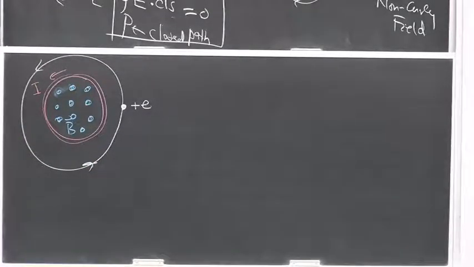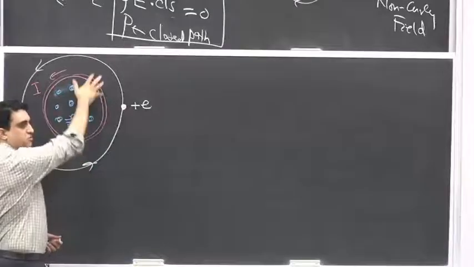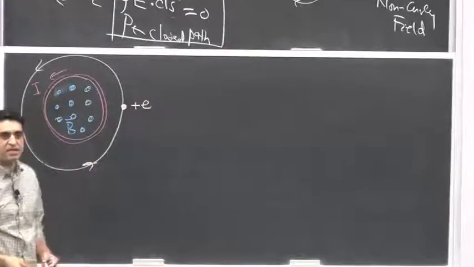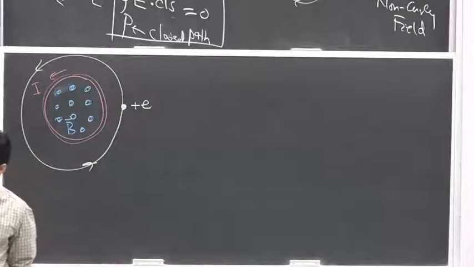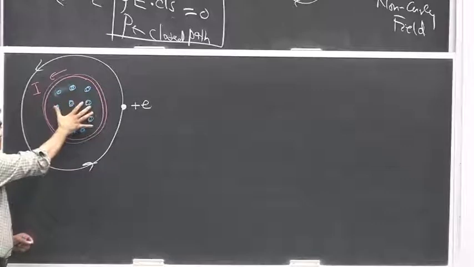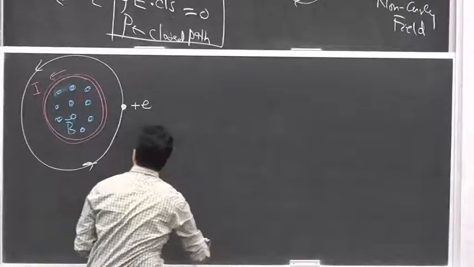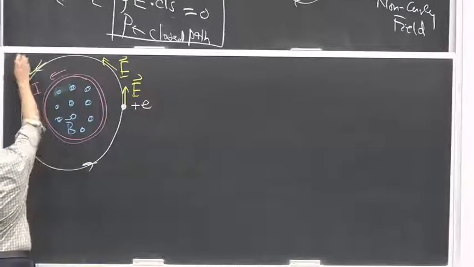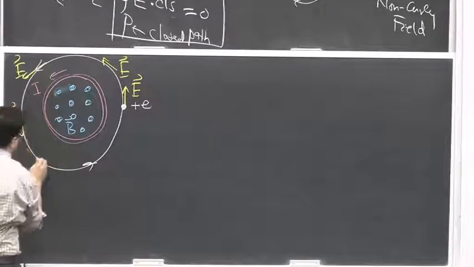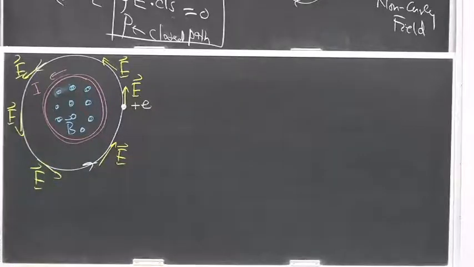What does this tell you? You do have a magnetic field here, but you don't have a magnetic field outside. So the magnetic field can't influence that electric charge. But what it tells you is that you have produced another electric field in this system just by changing a magnetic field, and the electric field is in such a way that it is making a curly field.